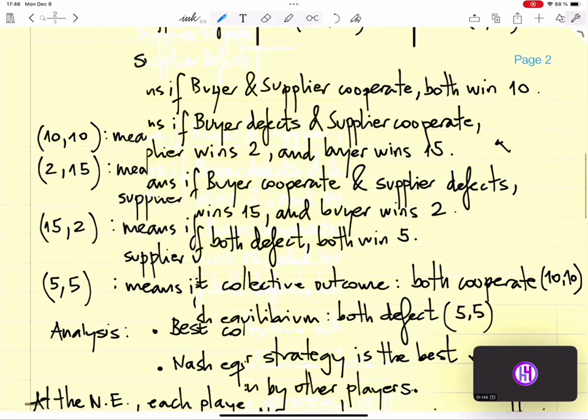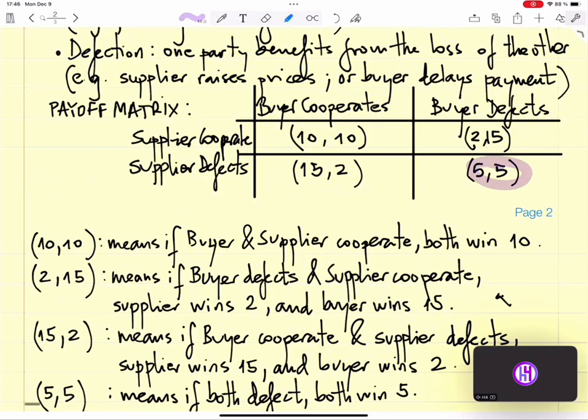You see, if both are defecting, so they're not cooperating, and then the supplier decides to start cooperating, changing strategy from defect to cooperate, he will go from 5 to 2. The same thing happens with the buyer: if he goes from defect to cooperate, he goes from 5 to 2.